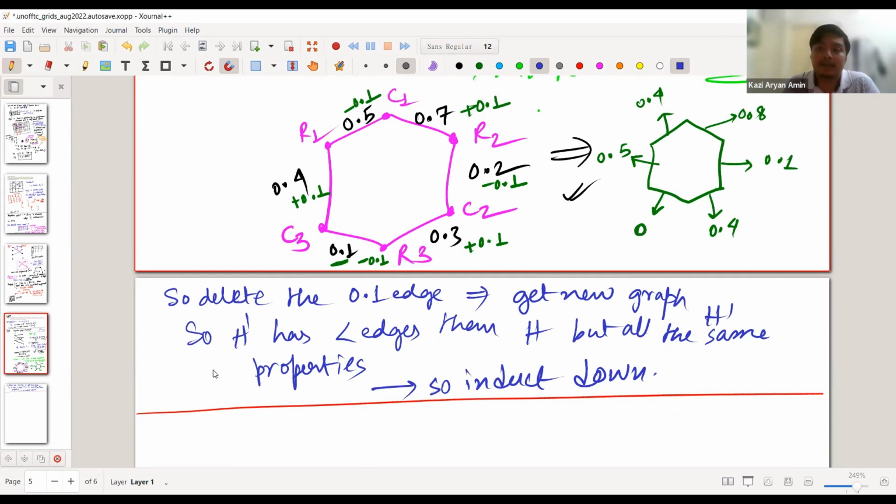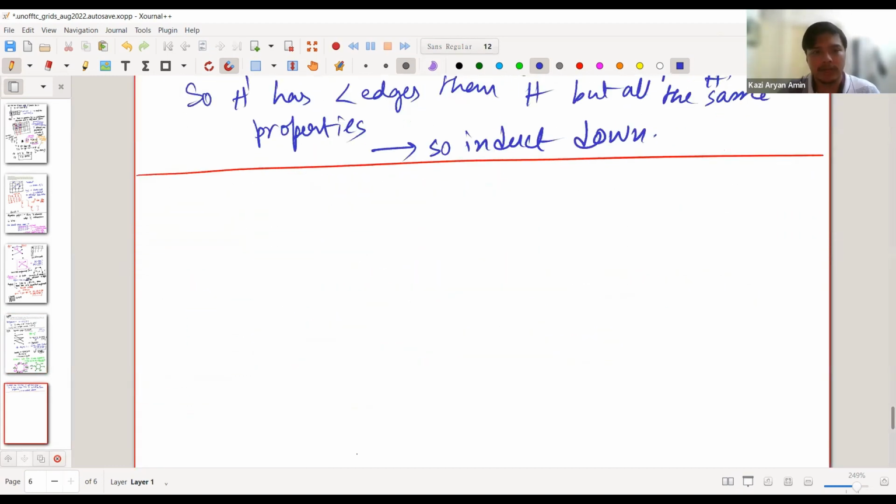We are adding it only to the alternate edges. Suppose you deduct here, then you deduct here, and you add here, and you add here, and you add here. So first of all, you want to ensure that all the columns have the same sum.